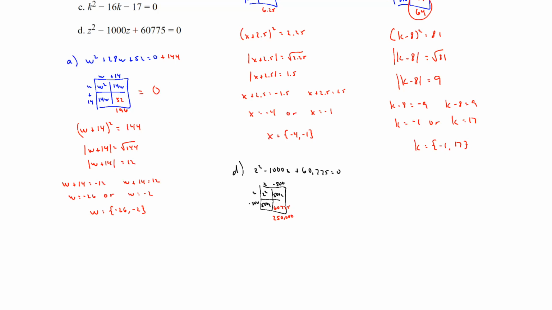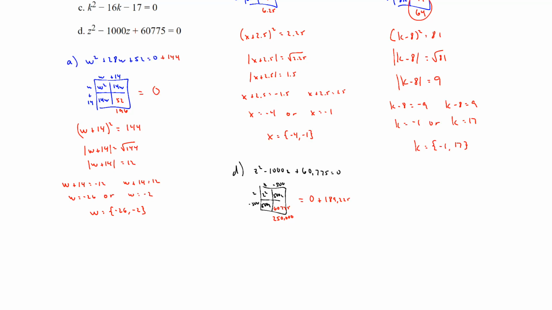So how many in addition do we need? We already have 60,775. So if we already have that, then we take the difference of those to see how many more we will need. And if we do that, we get a value of 189,225.